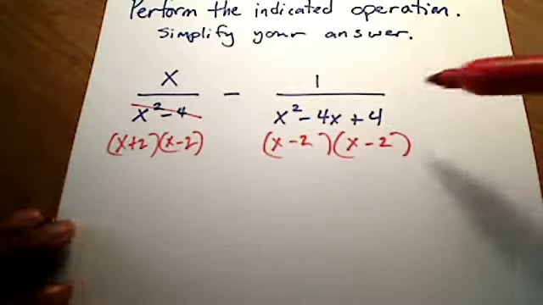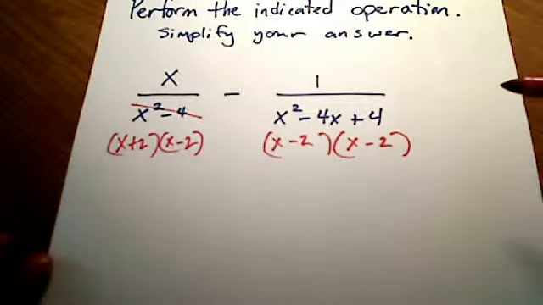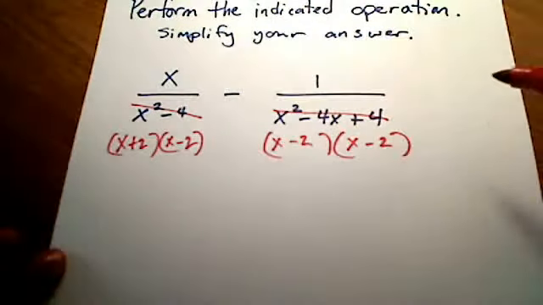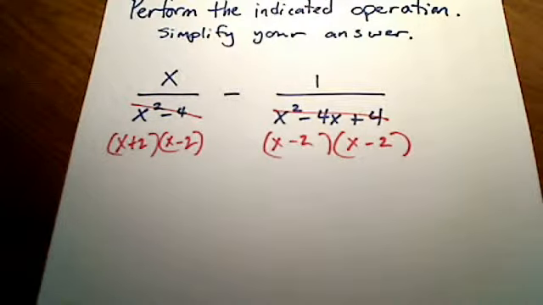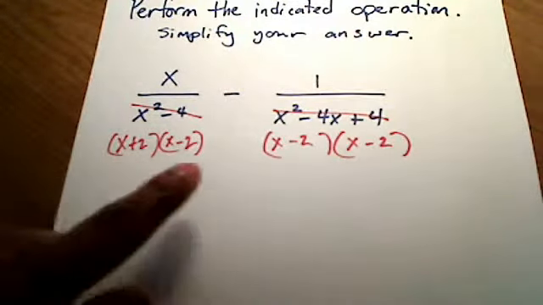These two parentheses are exactly the same. It's called a perfect square trinomial. Alright, so we've factored both of those denominators, and now that you see that, hopefully it's easier to see that the LCD in this case is going to be one of these x plus 2's and two of these x minus 2's.